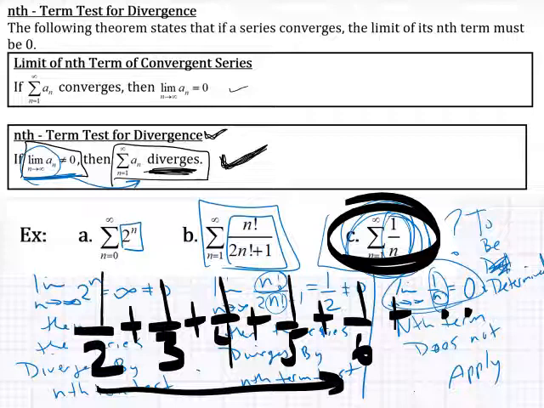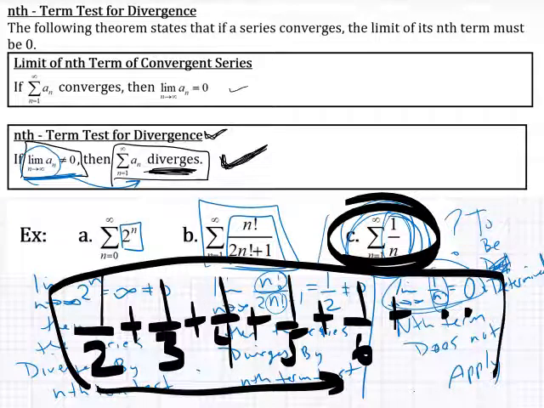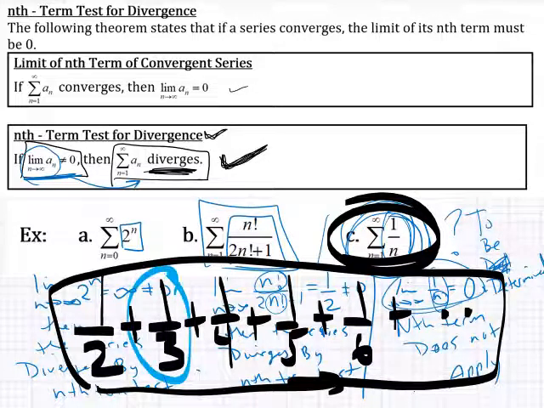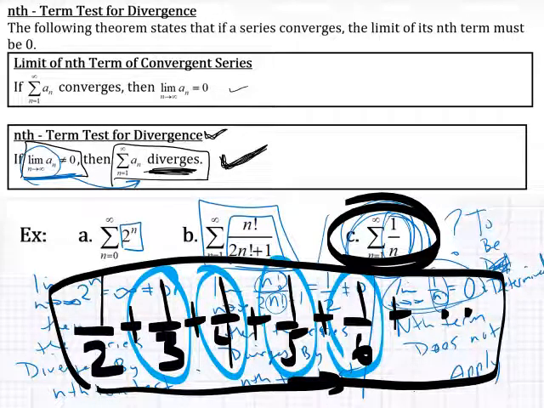But that doesn't mean that this sum as a whole is finite. What would make this sum finite is determined by how fast these terms are going to 0. The faster these terms go to 0, the more likely this series is to converge.